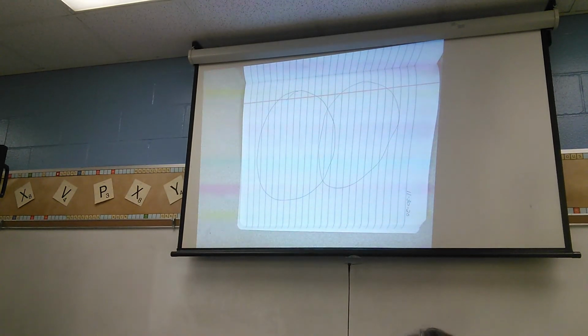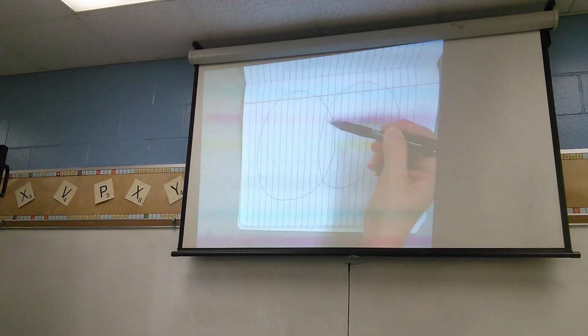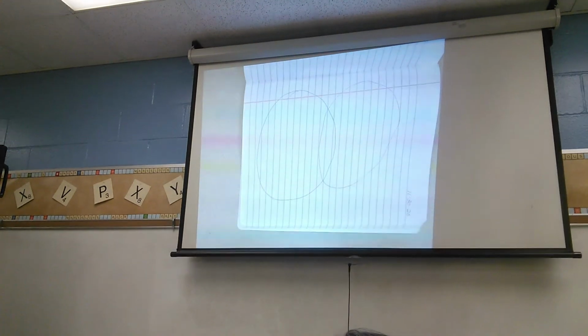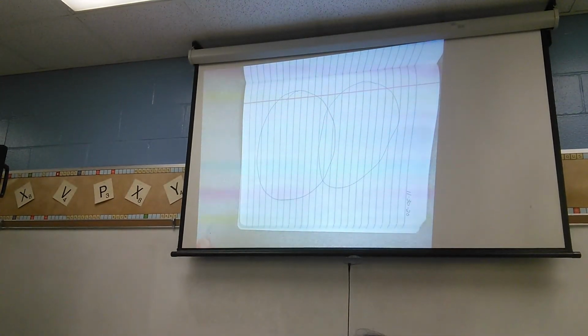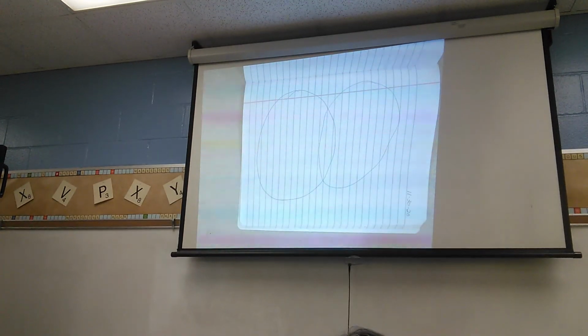Now remember, in the Venn diagram, the information that goes in where the two circles overlap are the things that are the same, something that they share. And when we're talking about apples and oranges, we're talking about the traits that they share, what they look like, what they contain.